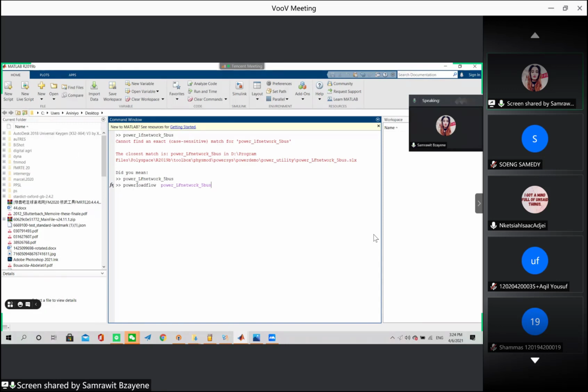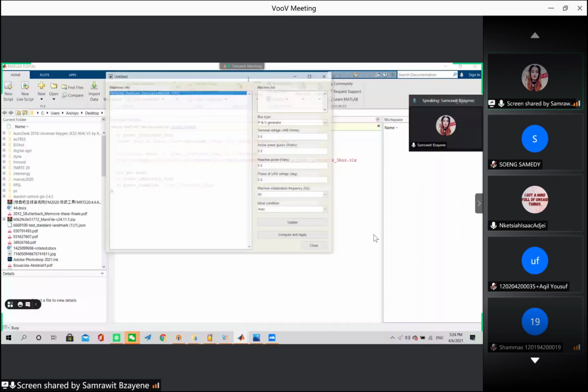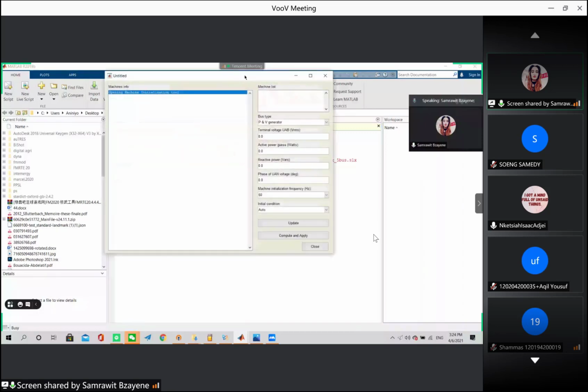Load flow, the power flow, can show us the initial information.